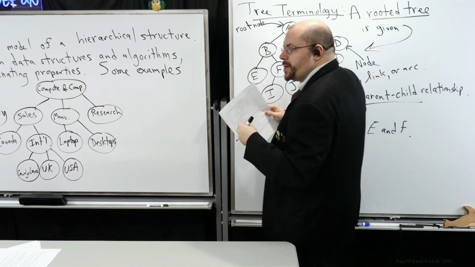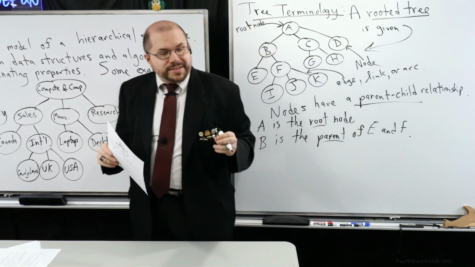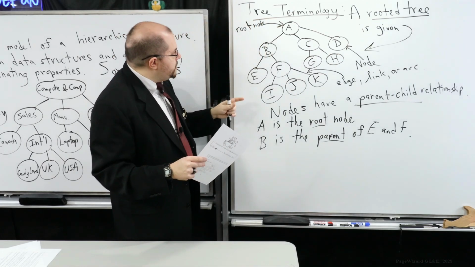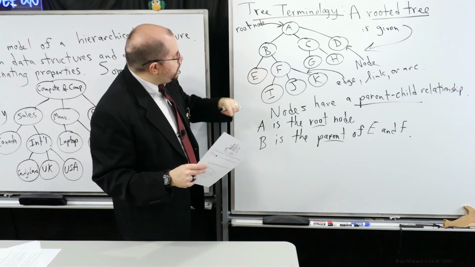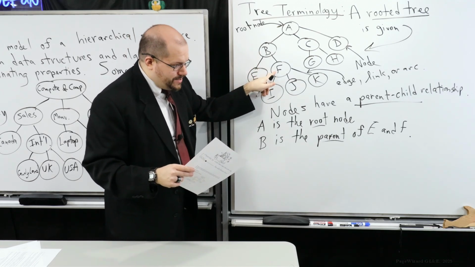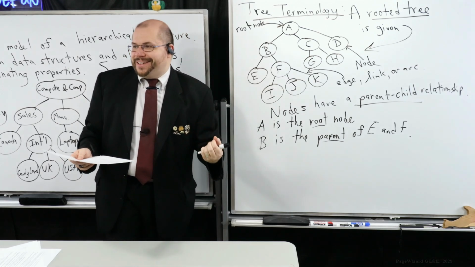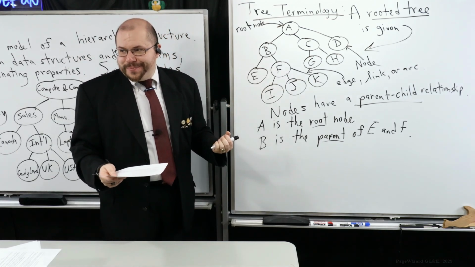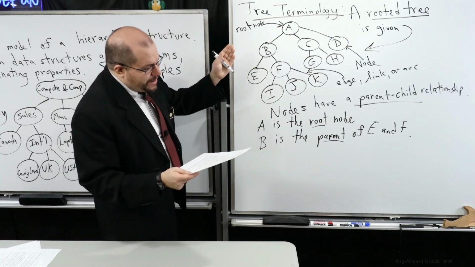Now, there's other terminology that exists, such as siblings. For example, if you have two children of the same parent, if E and F are children of B, we could call these siblings. Again, you can think of it like ancestry. That's where a lot of this terminology comes from. So that's another term that's used.